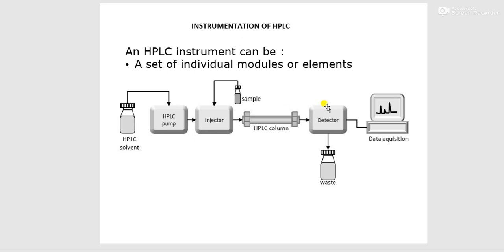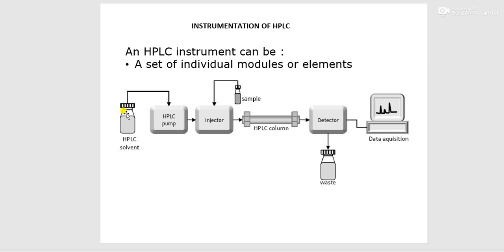So this diagram is of an HPLC chromatograph, where you have an HPLC solvent reservoir. Then, as I said, you need force to pass the mobile phase through the stationary phase, because the packing is very tight and the particle size of the stationary phase is very small. So you need an HPLC pump. What is the role of the pump?